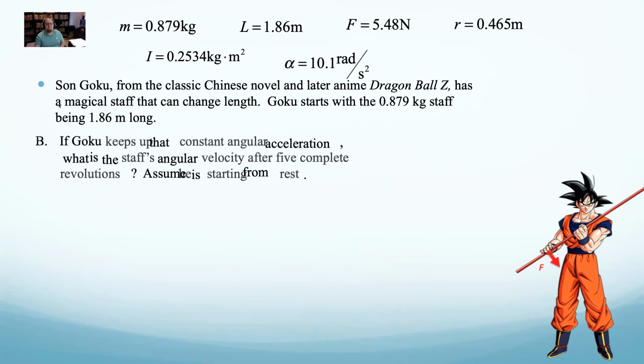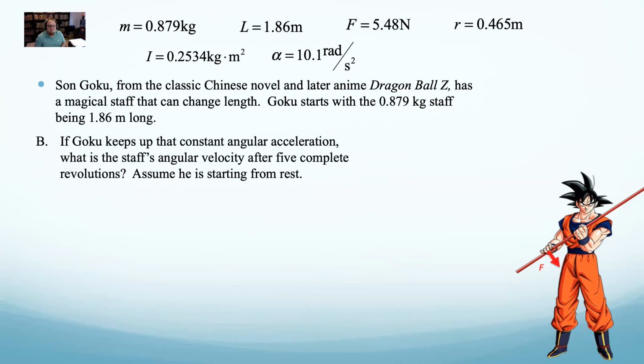Part B. He keeps up that constant angular acceleration. What's the angular velocity after 5 revolutions? Assume he starts from rest. If he starts at rest, omega naught is 0. And he went through 5 revolutions, which is an angle. It's in awkward units, so I need to convert it to radians, where 1 revolution is 2 pi radians. So 5 revolutions is 31.4 radians. But that's still an angle, and anytime you have an angle, use kinematics.